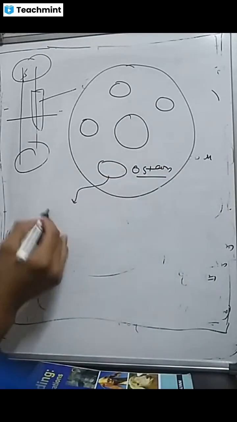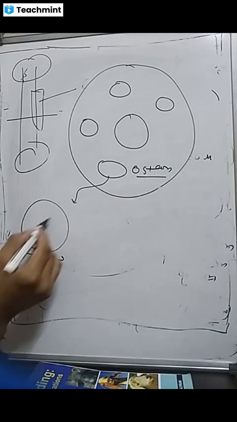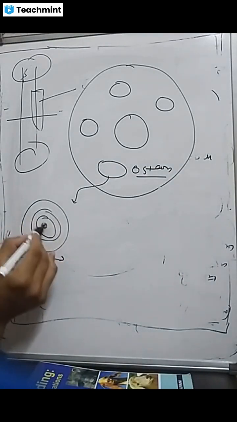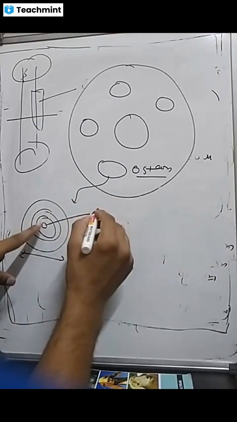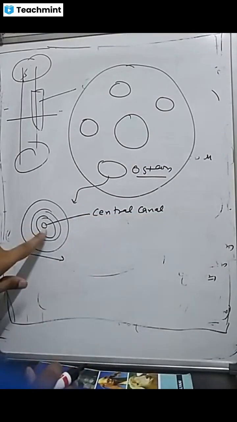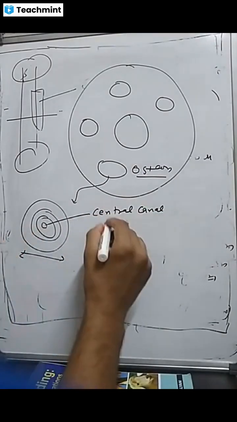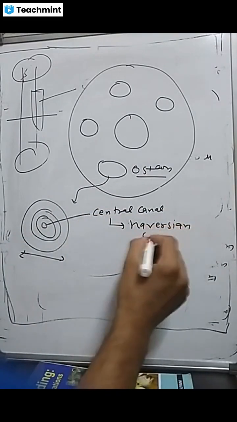Take one osteon out. Within this osteon, there are concentric circles. If you look at the center, there is a canal, the central canal, known as the Haversian canal.